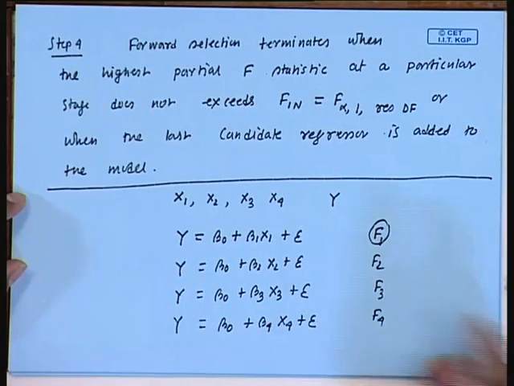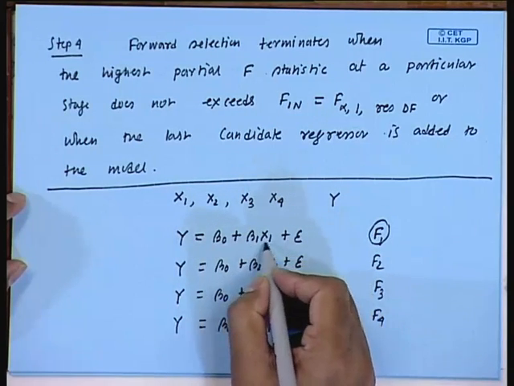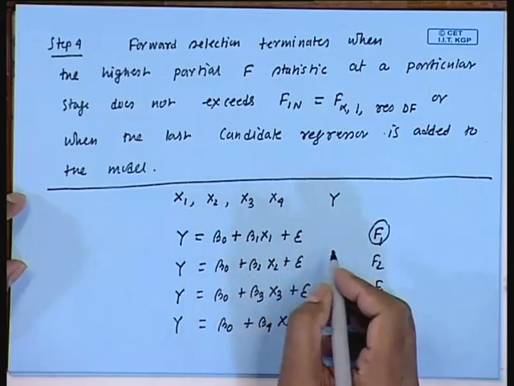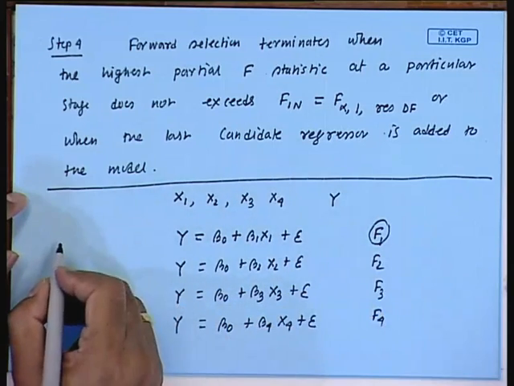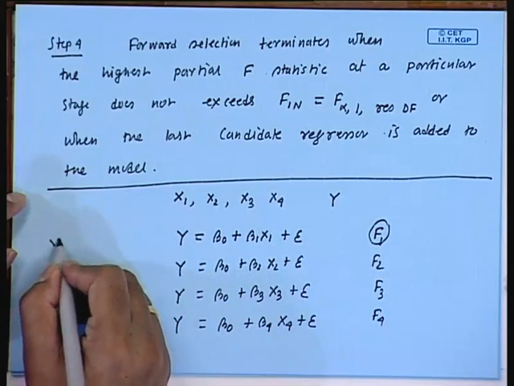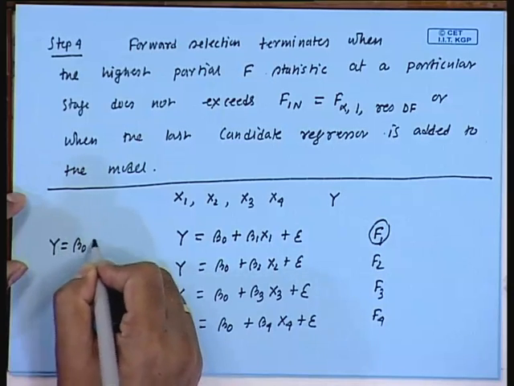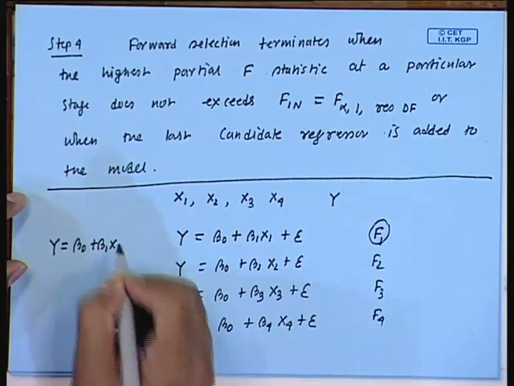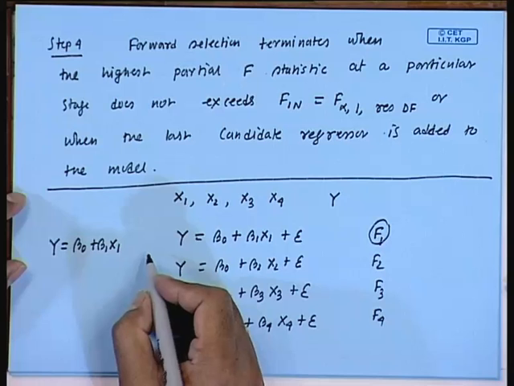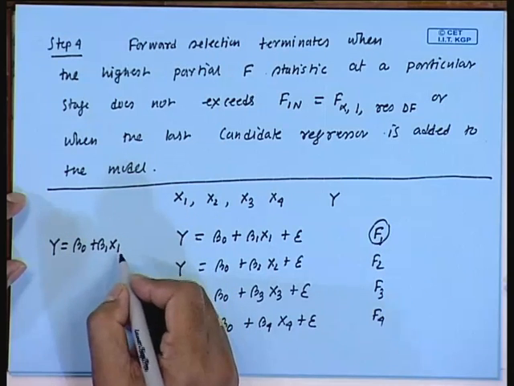And once you select, suppose X1 is selected, the next step is that keeping X1 in the model, say Y equal to beta naught plus beta 1 X1, we seek the next best regressor.